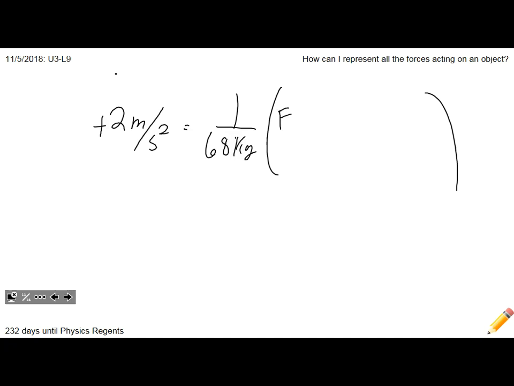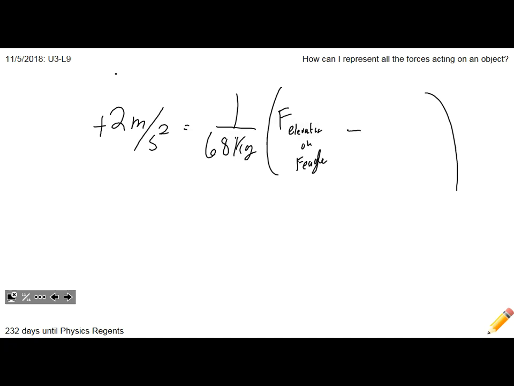The big thing is making sure you know whether the acceleration should be positive or negative. Why did you decide to make it positive? Because it's going up. Positive y goes up. That means it should be positive 2 meters per second squared. Then it's 1 over the mass, 68 kilograms, times the force of the elevator on Fiegel.